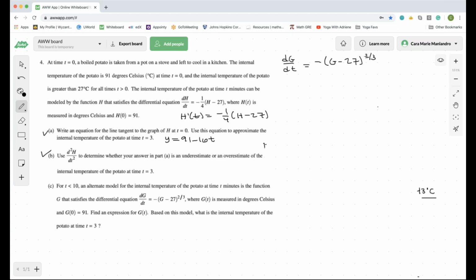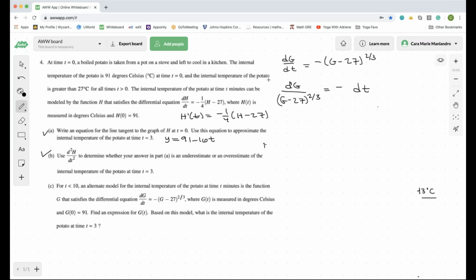All right, and I want to get the g's on one side and the t's on the other side. All right, so I'm going to multiply through by dt and divide by the g minus 27. So dg over (g minus 27) to the 2/3 is equal to negative dt.